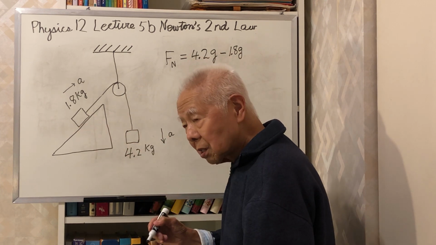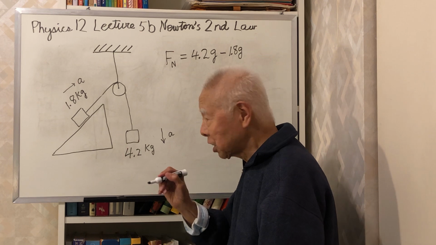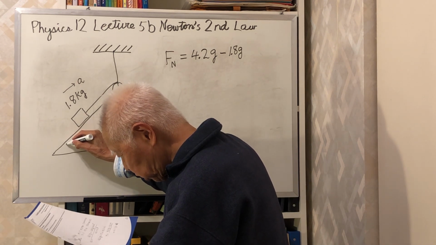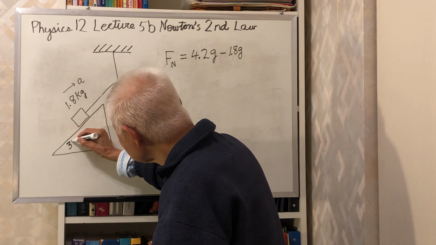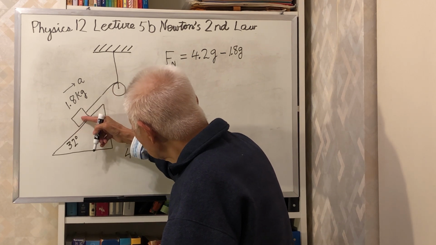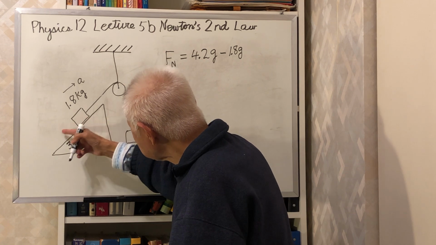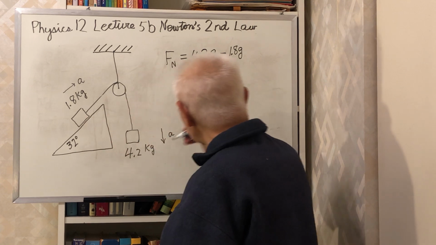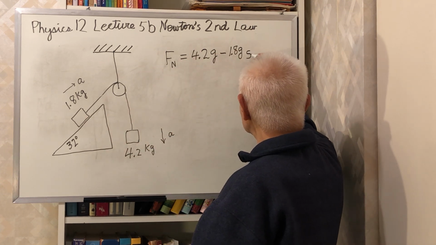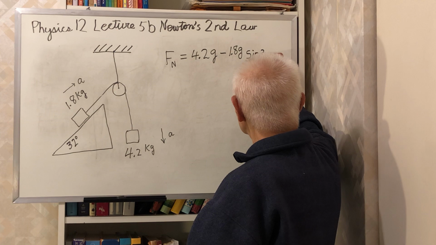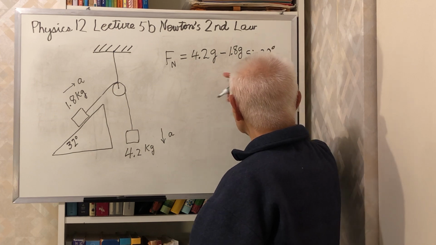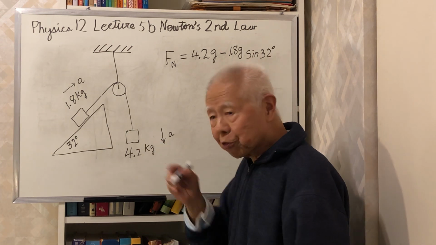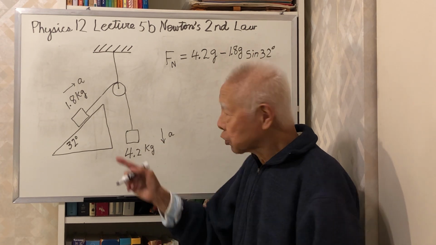So remember, the component is the sine of this angle. What is this angle? 32. So the component of the gravity is this way, and this is the sine of the force of gravity. So this is the net force. This net force applies to the system.